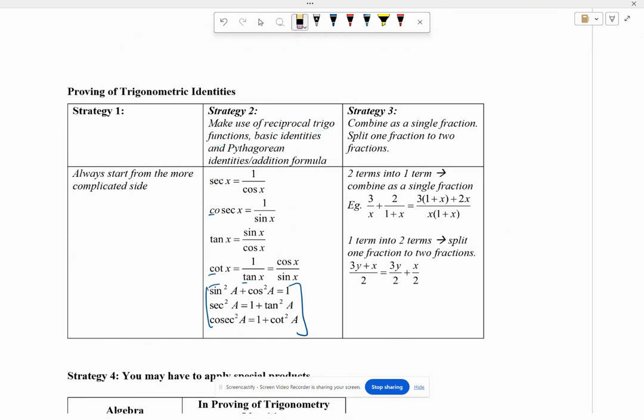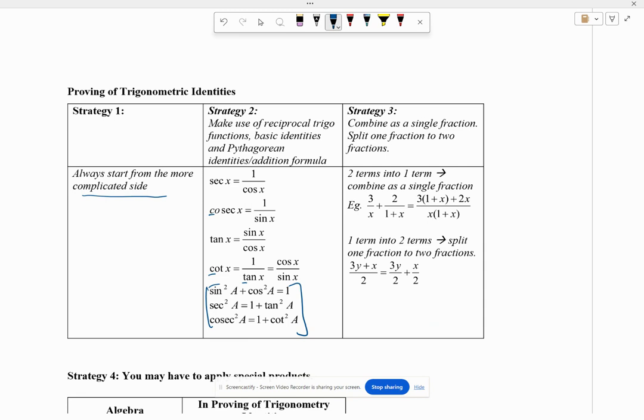The first one is always start from the more complicated side. Strategy 2 will be to use the reciprocal trigo functions, the identities, Pythagorean identities, and also perhaps some of the addition formula or double angle formula that is given to you.